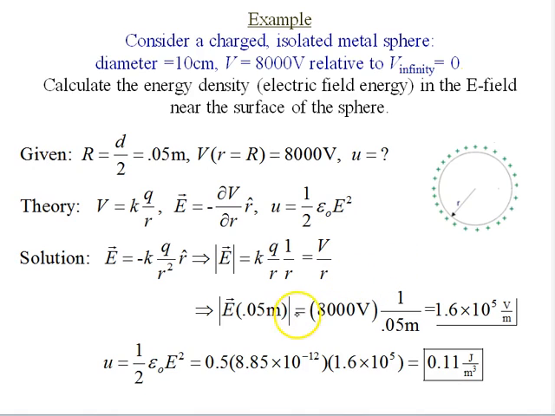Then we can plug in for our electric field at R equal to 0.05 meters. That's our voltage, 8,000 volts, and then our 1 over R, 1 over 0.05. So we know our electric field around the surface of the sphere, and we can determine our energy density being 0.11 joules per meter cubed.